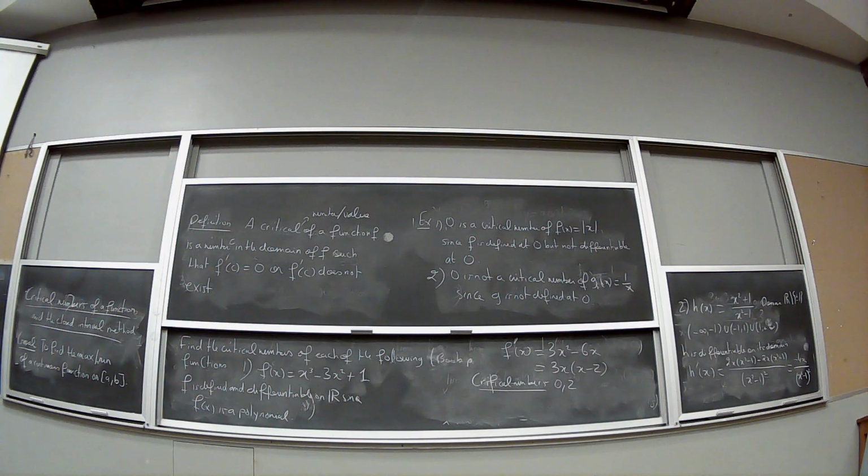Now, are 1 and minus 1 valid for critical values or not? Let's read the definition. A critical number is a number c in the domain of f, so are 1 and minus 1 in the domain of h?